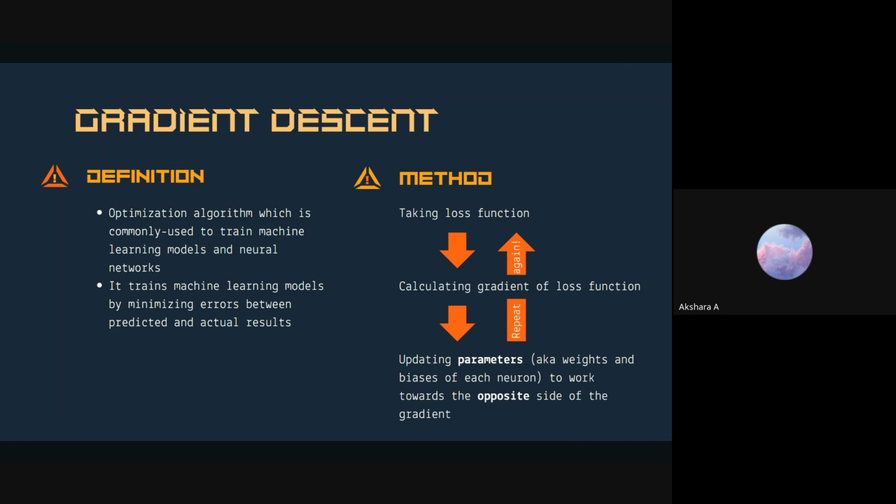In the context of a neural network, the function we're trying to find the minimum of using gradient descent is the loss function, from the previous slide. The algorithm repeatedly calculates the gradient of the loss function with respect to the network's weights and biases, and then updates these weights and biases in the direction opposite to the gradient, which is the direction of steepest decrease of the function.